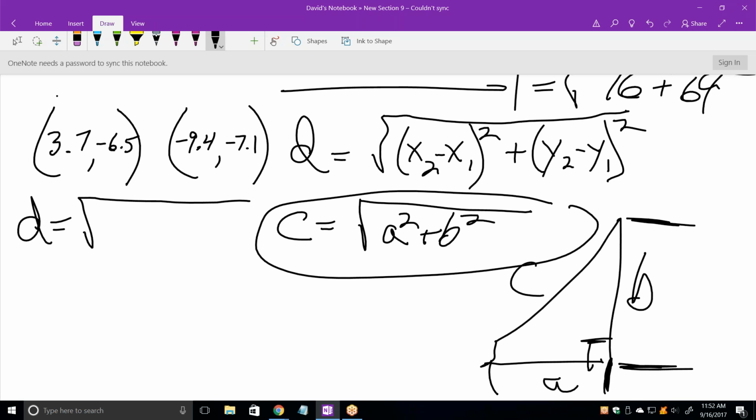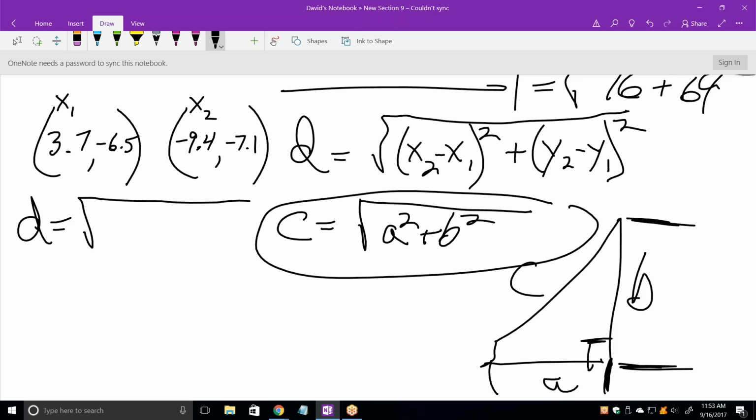In other words, this is x sub 1. That's x sub 2. Now, it's only on the distance formula that you can do this. You can't do it if you're doing slope. But on the distance formula, the easier way is 3.7 minus negative 9.4, right?